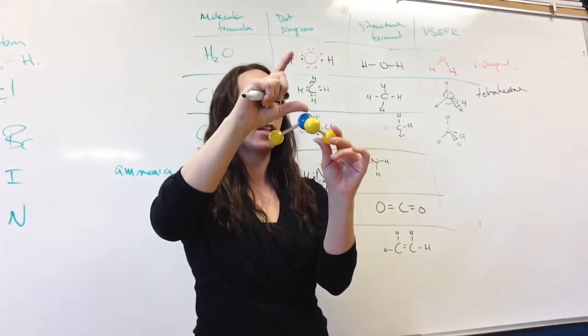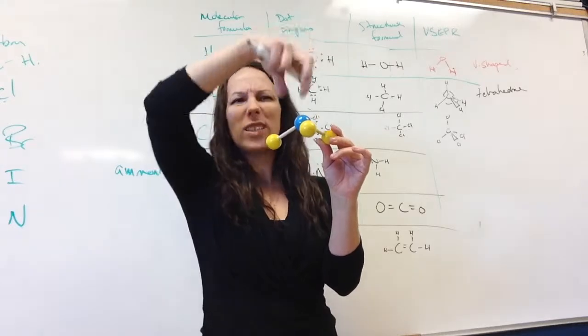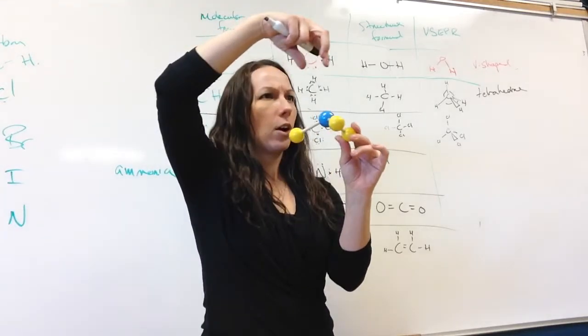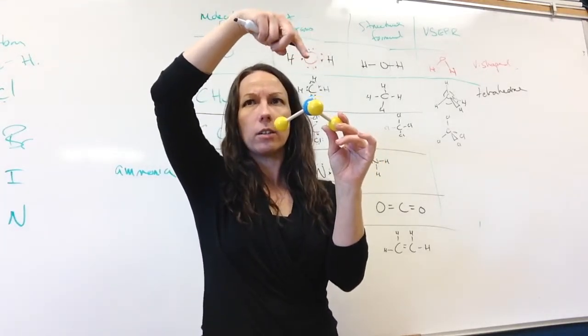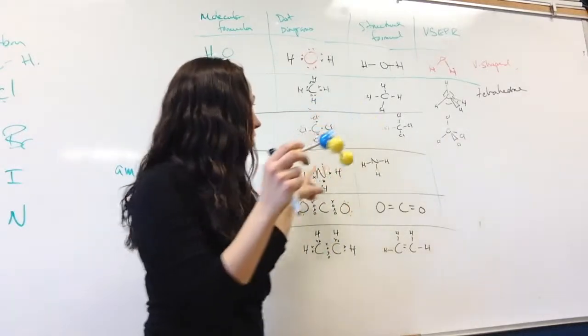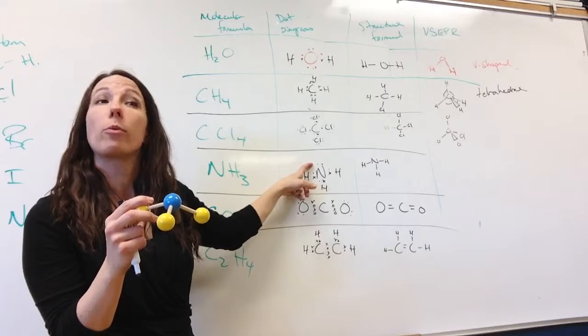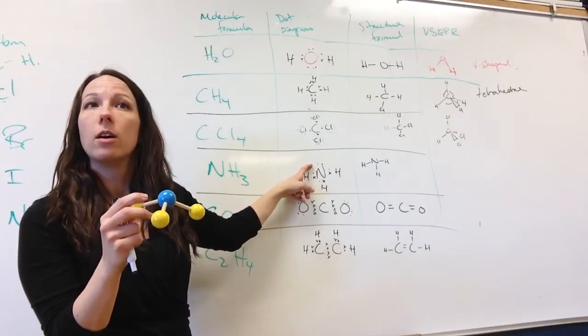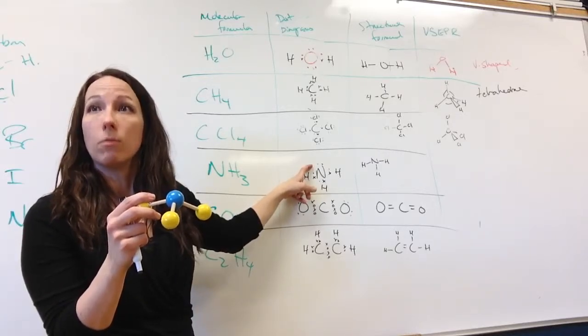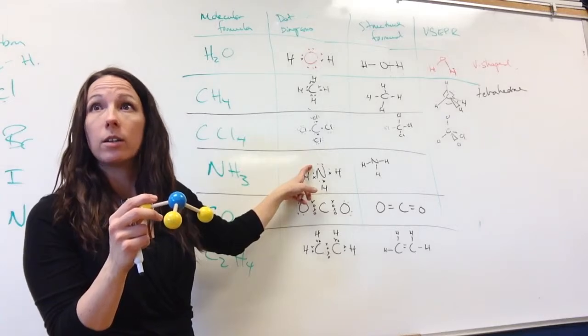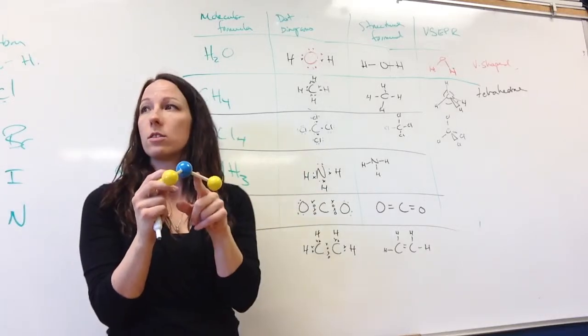Is it another hydrogen like it was in tetrahedral? No. What's on the top of my nitrogen? A lone pair. What did I tell you about the repulsion power of lone pairs? Stronger. Good, Molly. Stronger than the bonding electrons.